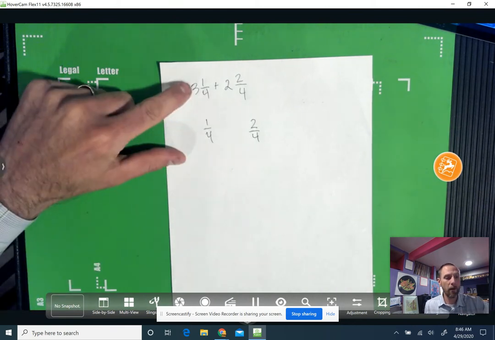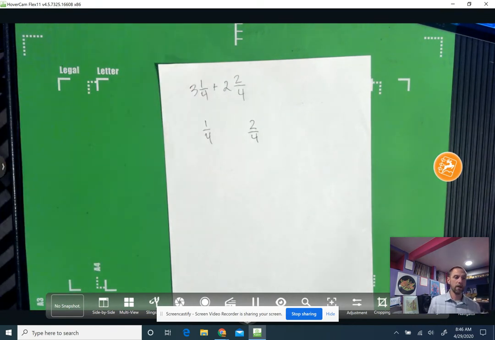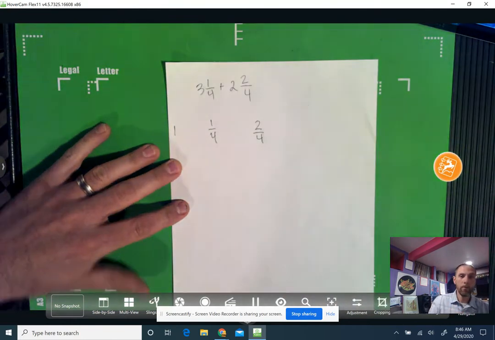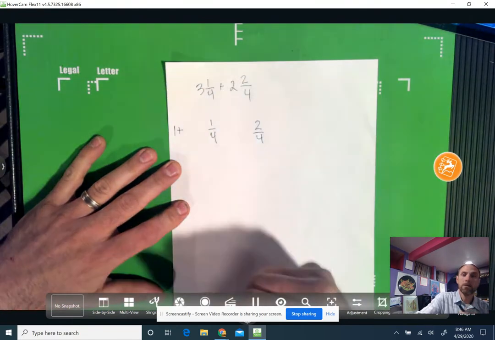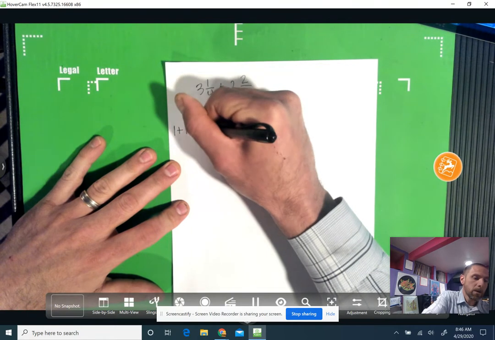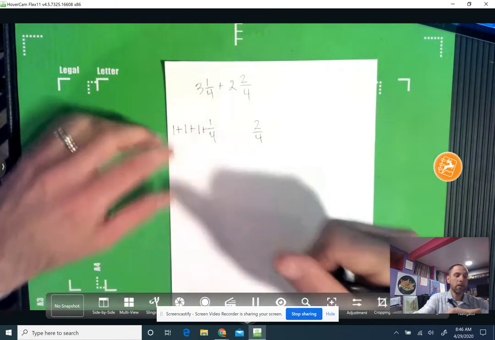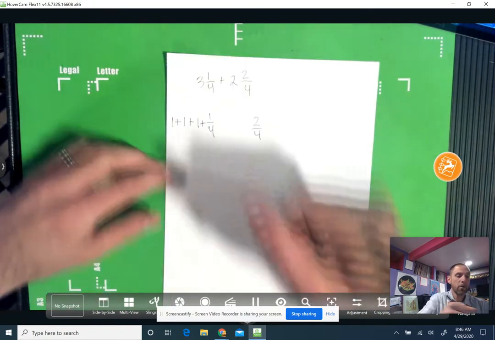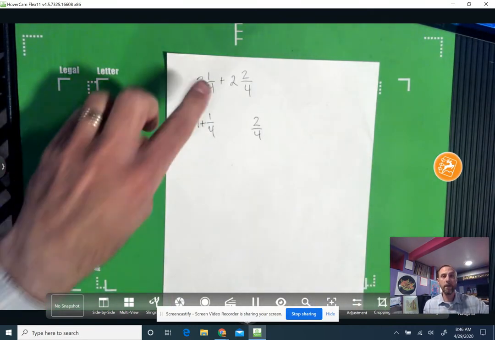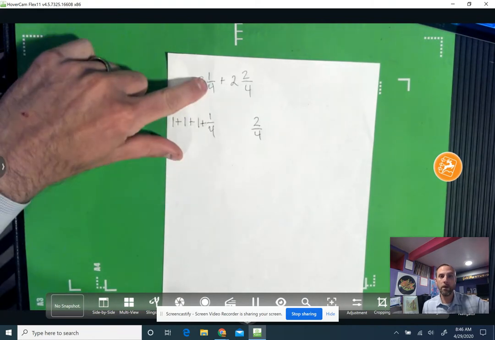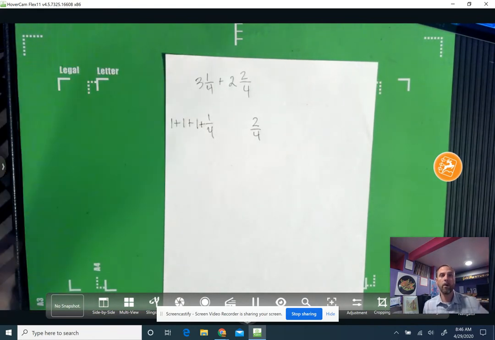So if we have 3 wholes, we know that we have 1 whole plus 1 whole plus 1 whole plus our fraction. So 1 plus 1 plus 1 is 3, and then plus the 1/4, making 3 1/4.